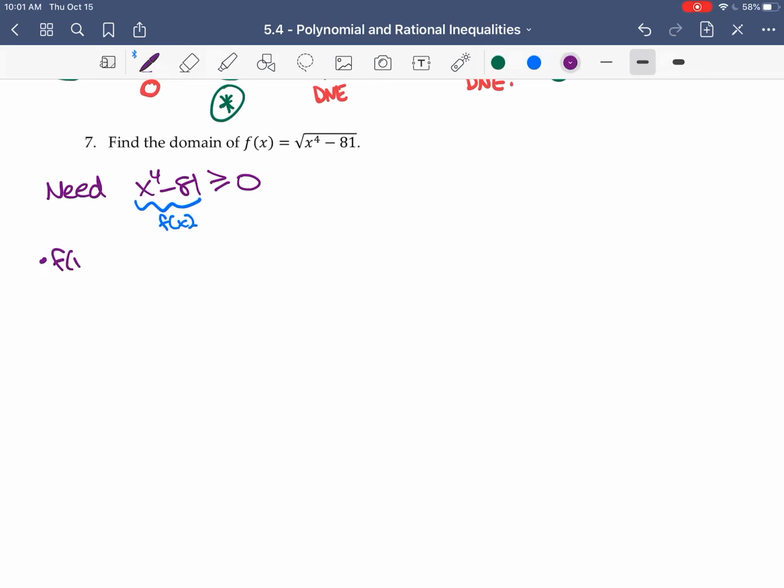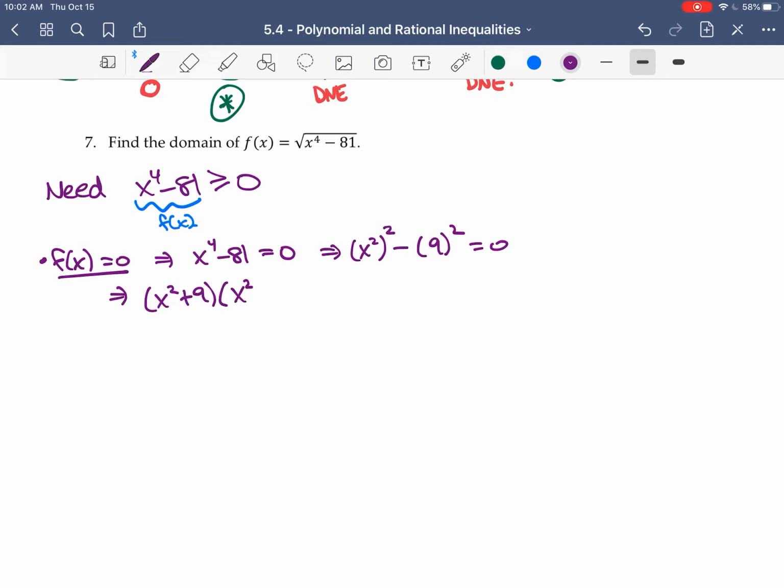Okay, so f of x equals 0 when x to the 4 minus 81 is equal to 0. Okay, so we can factor this, so it's a difference of squares because it's x squared squared minus 9 squared. So it's going to factor as x squared plus 9 times x squared minus 9. Okay, now the second factor there is also a difference of squares, so we can factor it even further. X squared plus 9 times x minus 3 times x plus 3.